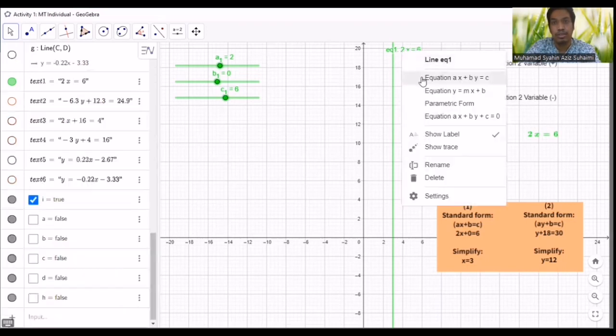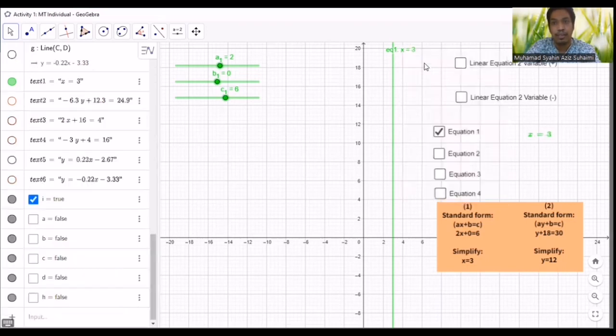If we change it to this one, we get x equal to 3, the same. For the second equation, we use y plus 18 equal to 30. After we simplify, we get y equal to 12.